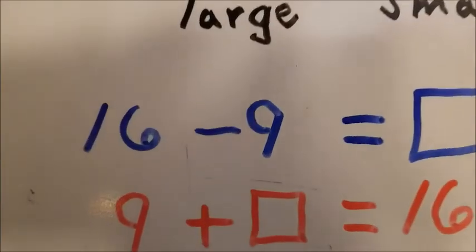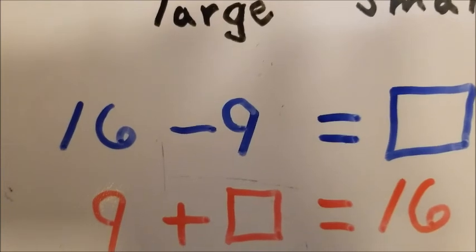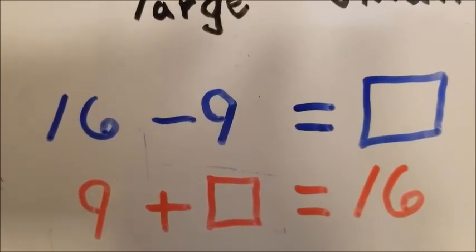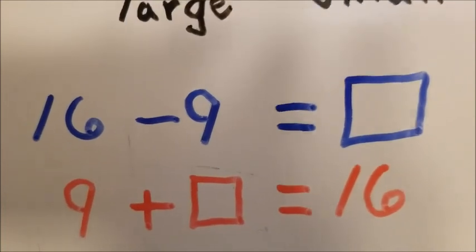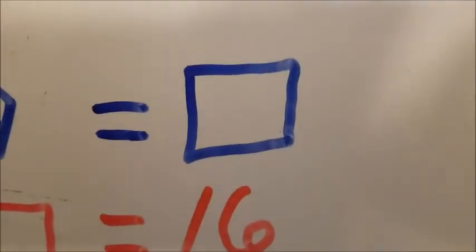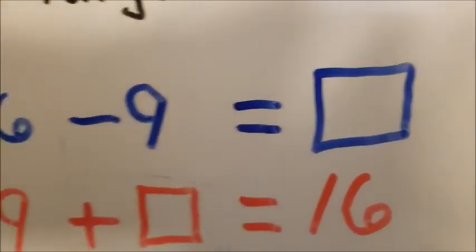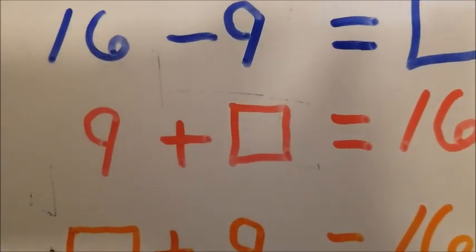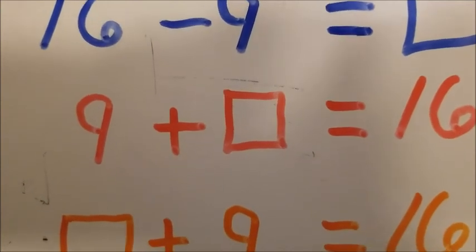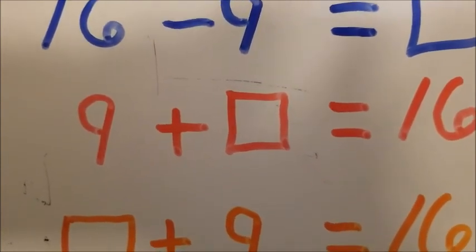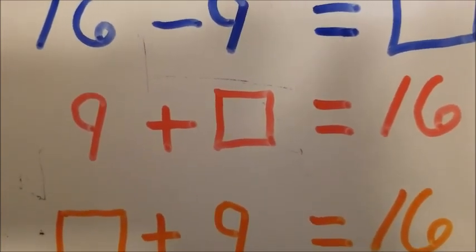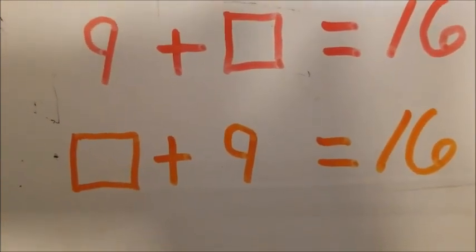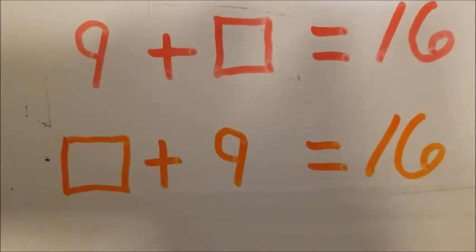We could go 16, subtract the 9 plates that we have, should equal then our difference, which will be the number of small plates. Or, if you like to look at it in terms of addition, we can simply just say 9 plus blank equals 16. Or we could do blank plus 9 equals 16.